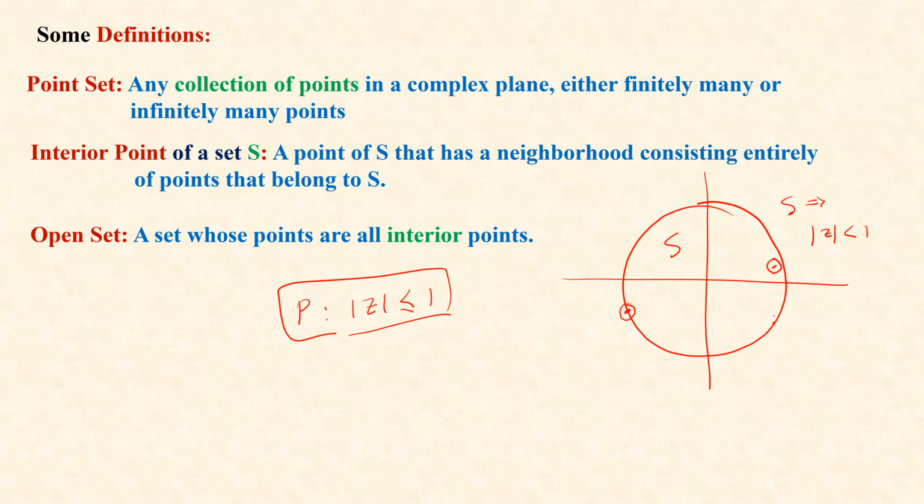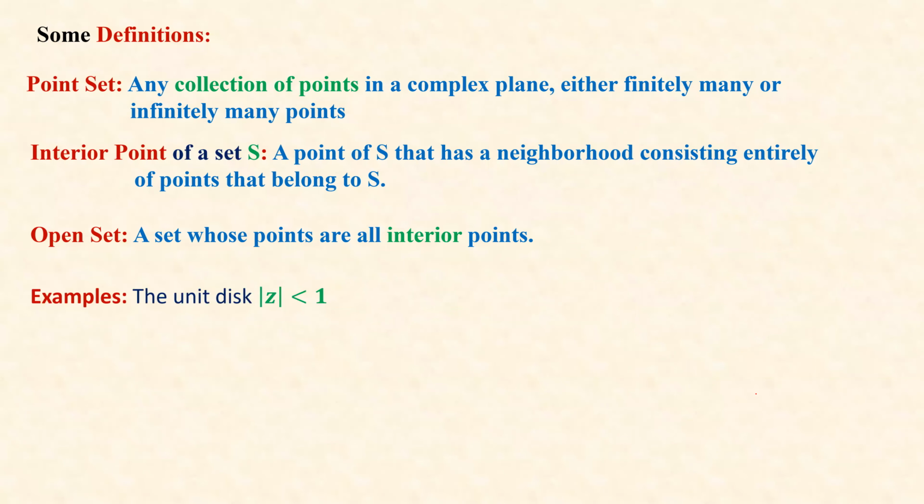If you consider all of the neighborhoods around the points on the circle, they have some points that are inside the set and some points that are outside the set. That makes those points on the circle boundary points for this set.